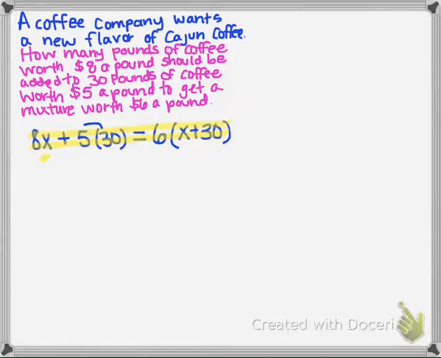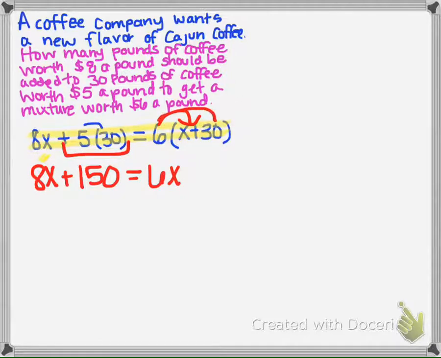Okay, so first thing that we should be doing is simplifying. So 5 times 30 is 150. And then 6 times x is 6x. And 6 times 30 is 180. And then we can't have an X here and an X on that side, so we need to get rid of one of them. So I'm going to go ahead and get rid of the 6X.